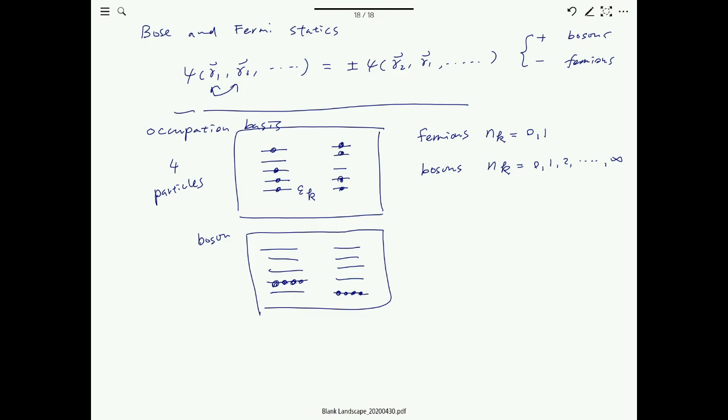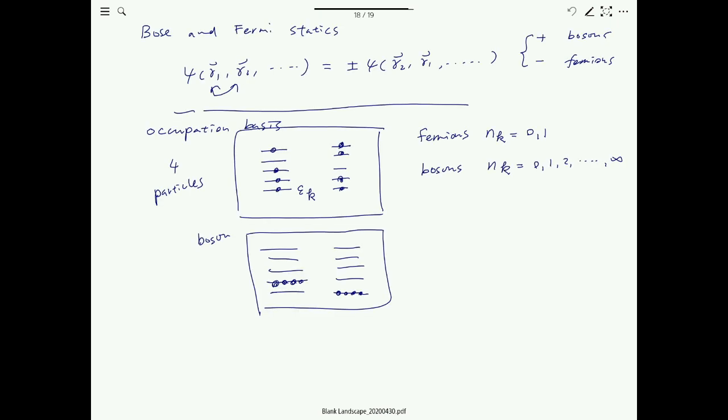And this will give you a certain crucial difference later. And so it's more convenient now, in the limit of non-interacting bosons and fermions.